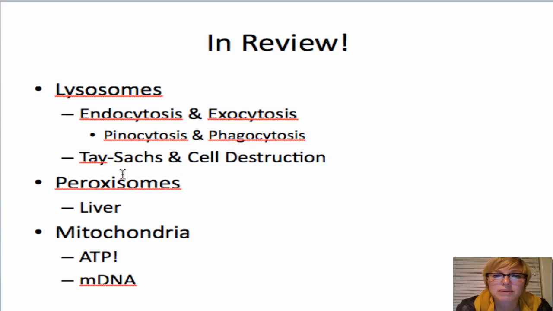We also talked about Tay-Sachs and how when lysosomes have an enzyme that isn't working properly, it can lead to diseases, and also how lysosomes can be involved in the destruction of cells, so like in metamorphosis of the frogs. We looked at peroxisomes and how if you're an alcoholic, you probably love your peroxisomes because they break down toxins in your liver through their enzymes, and they make hydrogen peroxide, which is then further digested by catalase into water and oxygen.